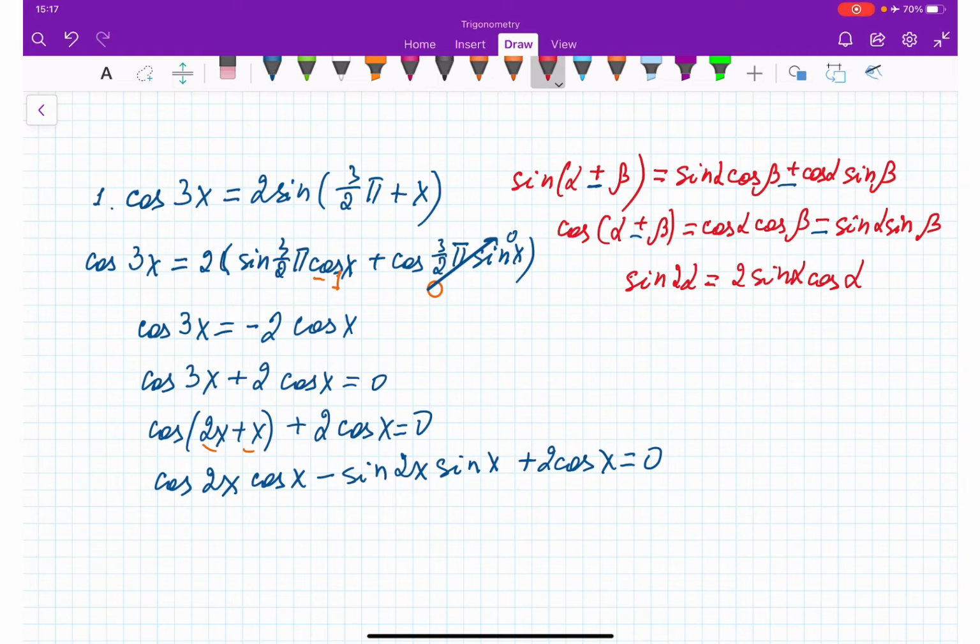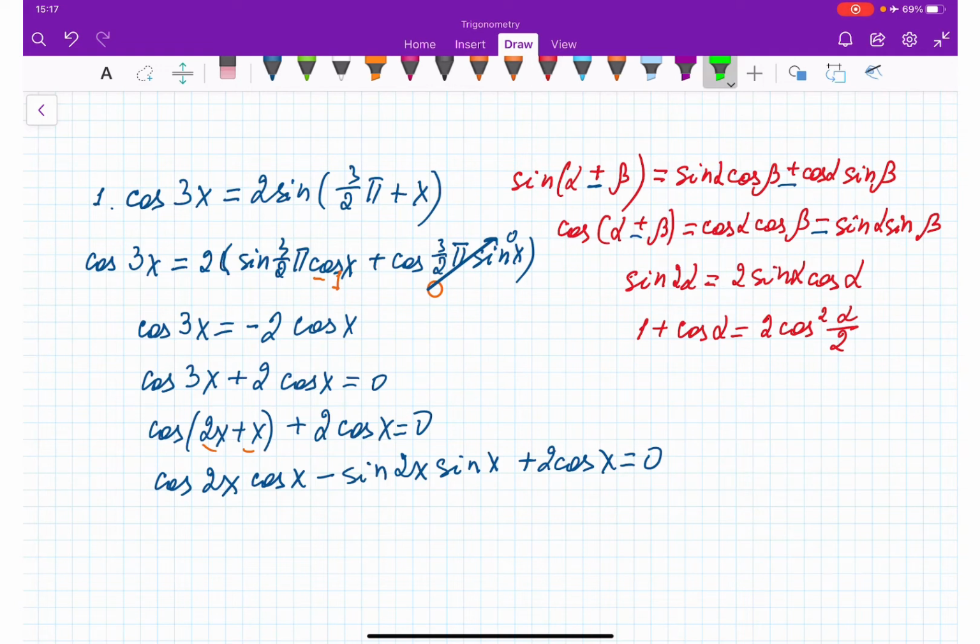Now, what is new here is cosine 2x. We know that 1 plus cosine alpha is equal to 2 cosine squared of alpha over 2. This is the formula for half of the angle.